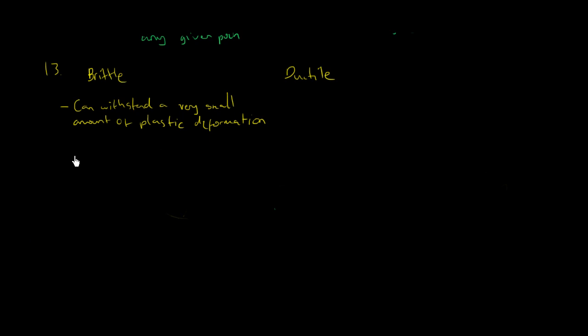It also has a pretty straight relationship between the stress and the strain. So if you had a stress-strain graph, this is normally stress, and here you had strain. The graph is usually going to be a straight line, and then it's going to stop, or it's going to bend a little bit and then quickly break.